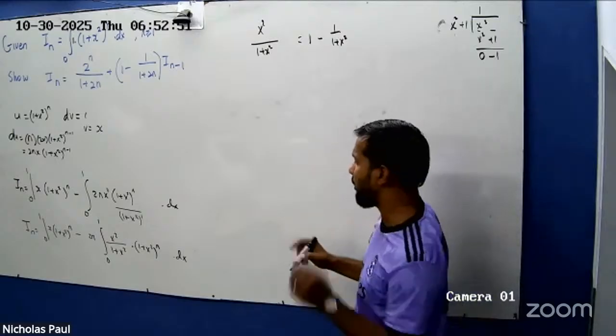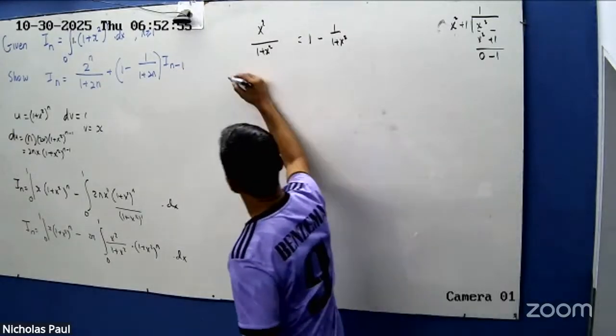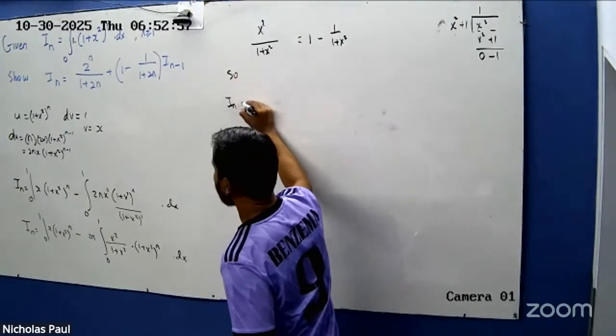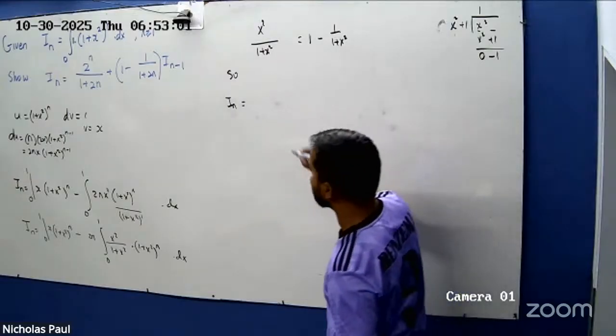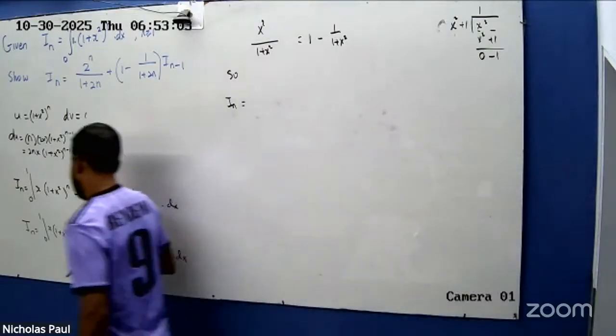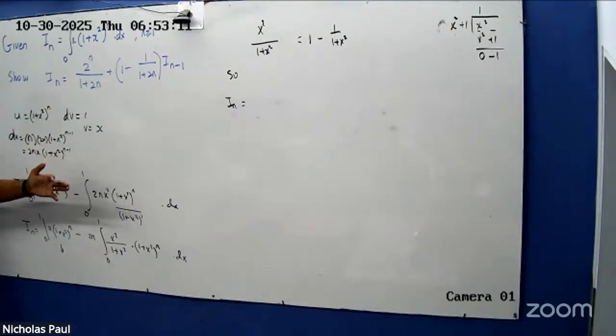Now, let me jump back in there and see what happened. So, I to the n is equal to, can I just plug in the 1 and 0 here? Right, make sure you're following. You might be able to do the rest after this. I just plug in the 1 and the 0.